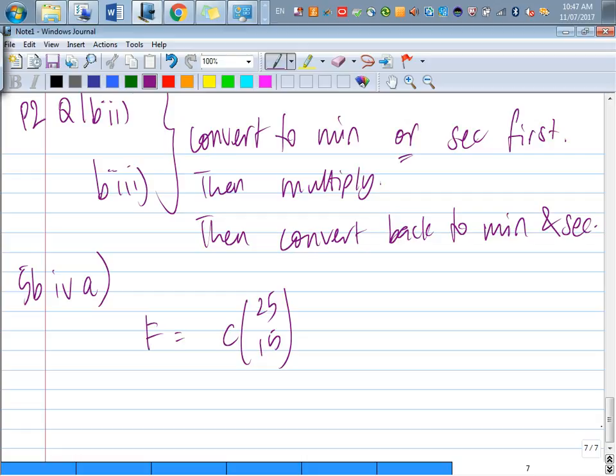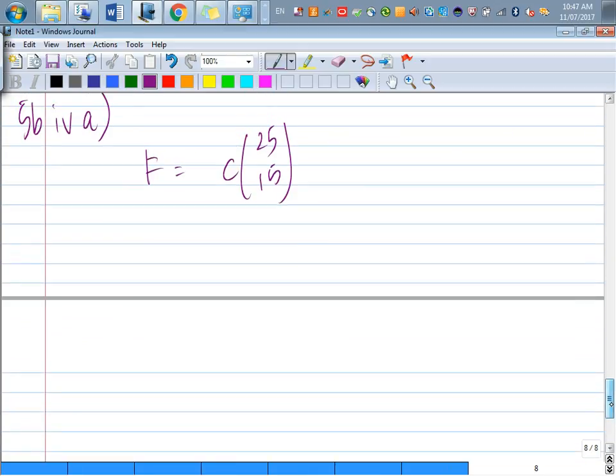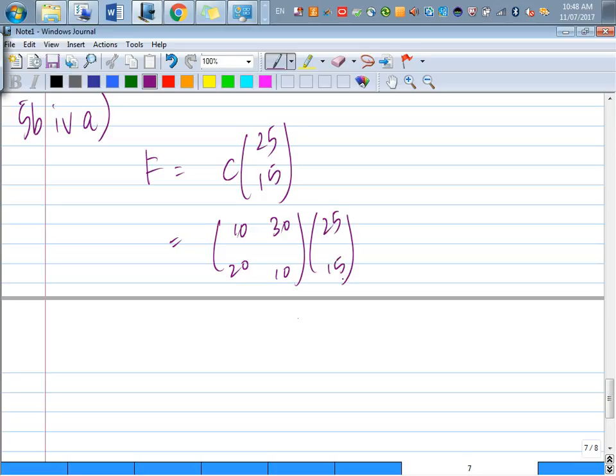Okay. So put down what C is. So you have 10, 20, 30, 10, and 25, 15. Now what is the good habit that you should have when you are doing matrix multiplication? Yeah, write down what these numbers represent. At the top, at the side, top, side. Okay, we will see how that is useful.